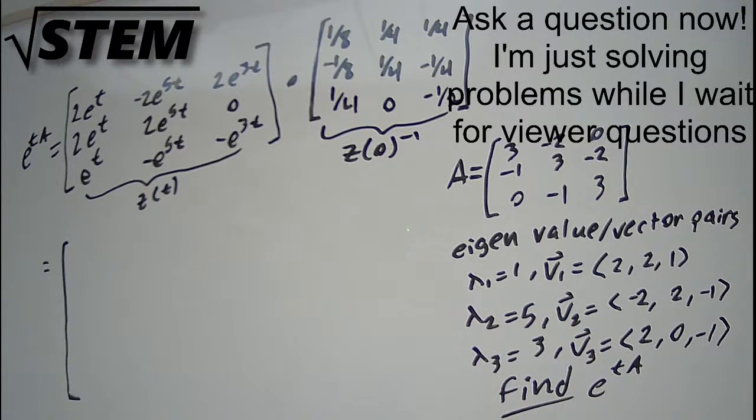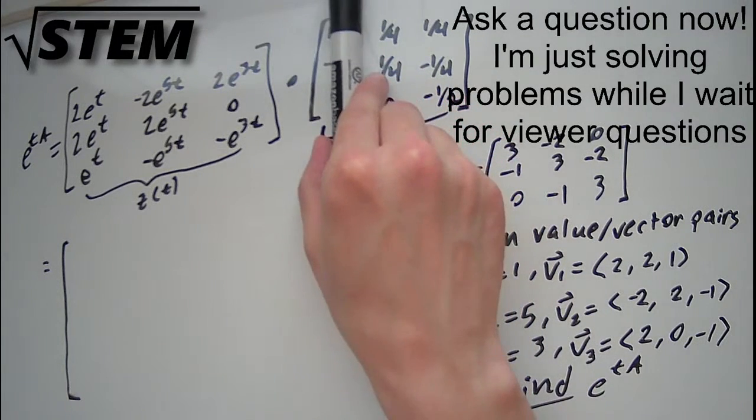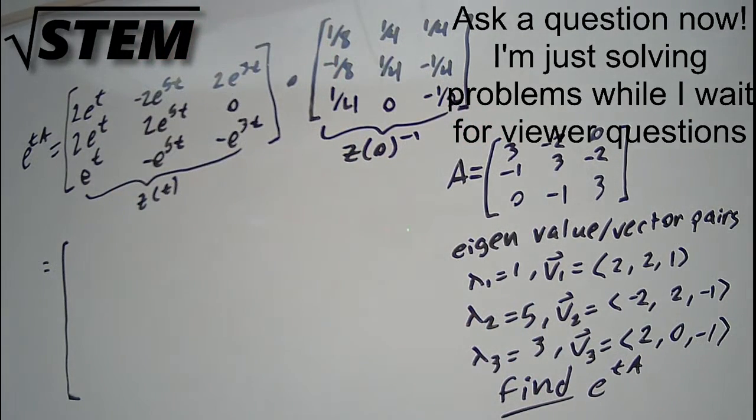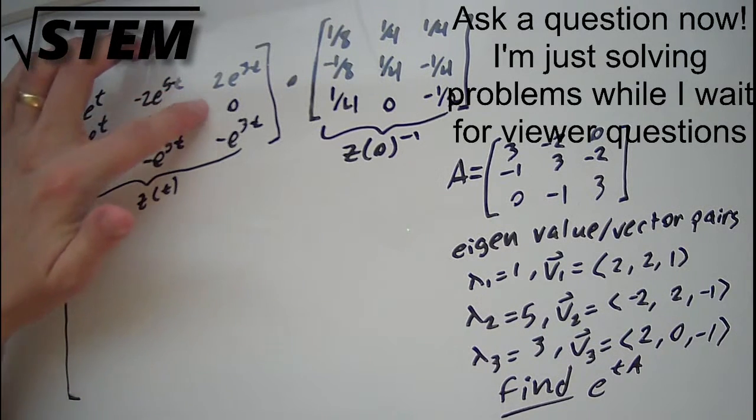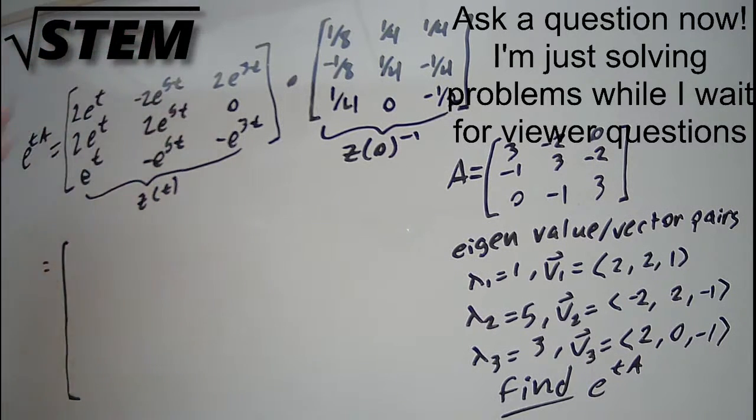Okay, now comes the fun part. Let's get our dot products going. So we're going to take the dot product of this column with that row. So we get 2 times 1/8 is 1/4 e to the t, negative a half e to the 5t, a half e to the 3t, all for the very first component.